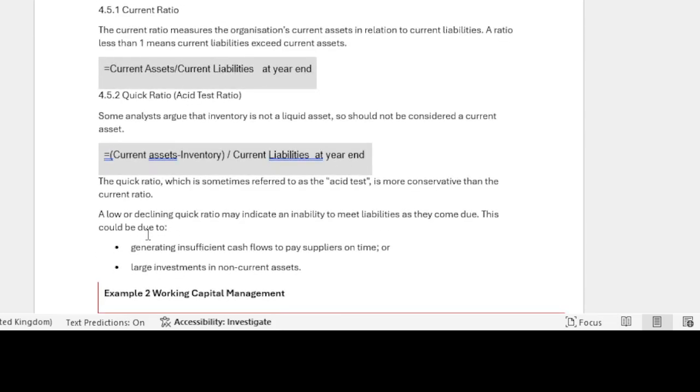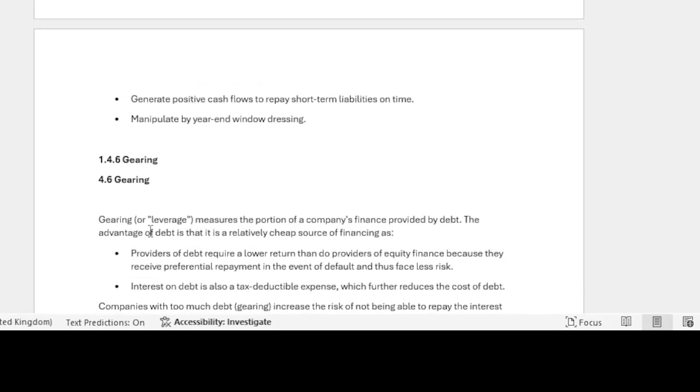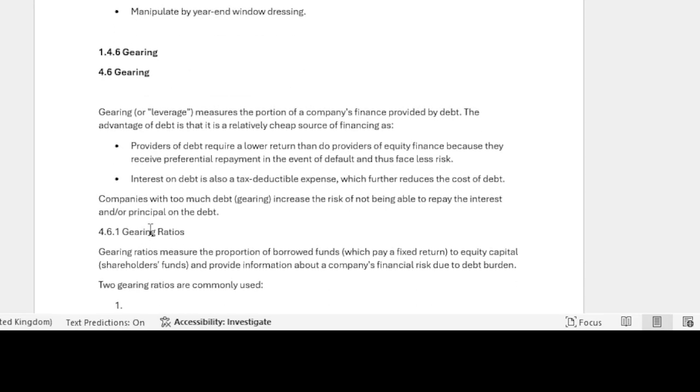Vis-a-vis the quick ratio, we get the current assets, less any inventory that we have, and then divide by the current liabilities at the end of the financial year. So this will show you if the company is liquid, if they have financing or if they do not, because we look at the current assets and the current liabilities.